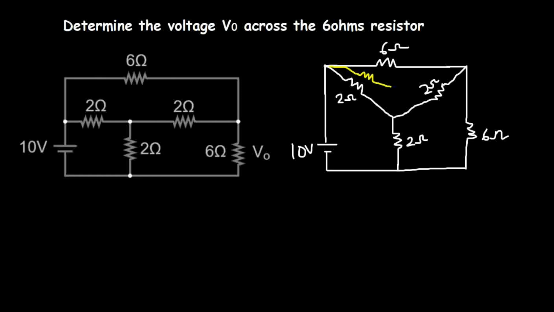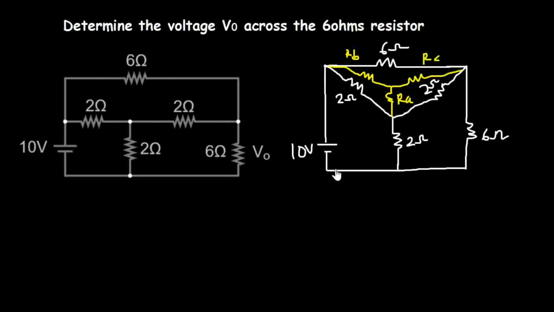Then I have another one here, and then I have another resistor here also. So that's the star connection that I have drawn. I'll name this as RA, then I'll name this as RB, then I'll name this as RC.